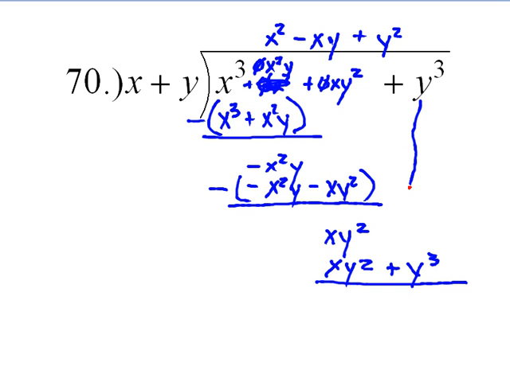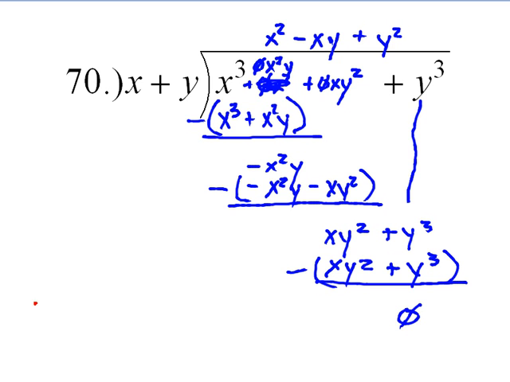We can bring this down. And we end up with 0. So you see, we let our second term determine what our placeholders were. It's a little bit confusing, but as long as you remember to take the term and multiply it by both, it'll come out where you need to.